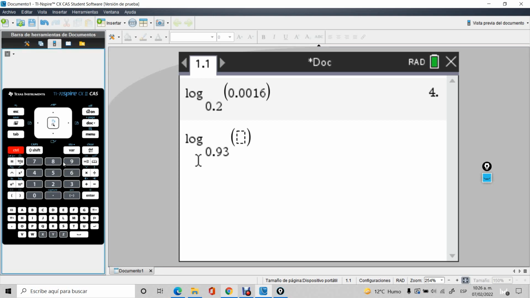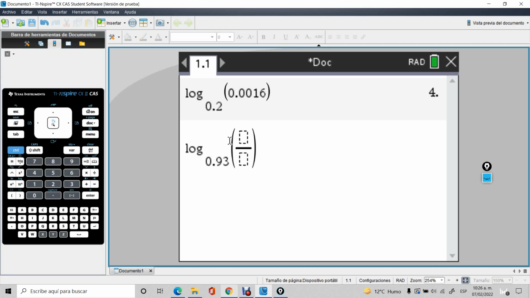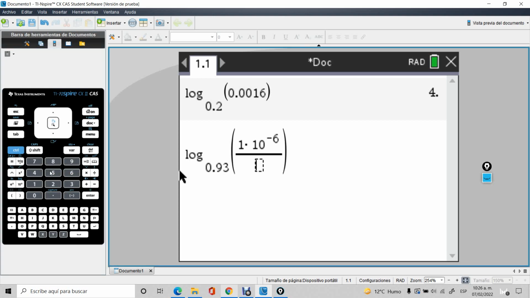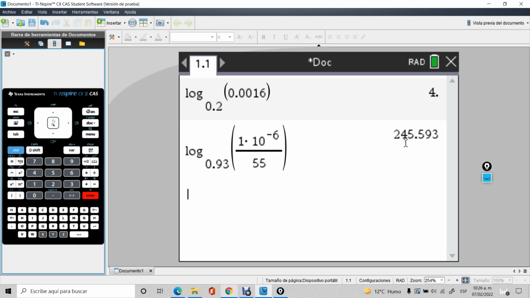It is control, and then right here. Then I'm going to write 1 times 10 to the minus 6. How do you do that? It's 1 times 10 to the minus 6. And here we have a 55. That's it. Enter.